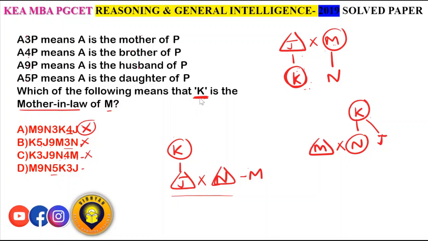Now, does it satisfy K is the mother-in-law of M? Yes, definitely, because K's daughter is N, and N's husband is M. So for M, K is the mother-in-law. Therefore option D is the correct one. Next question.